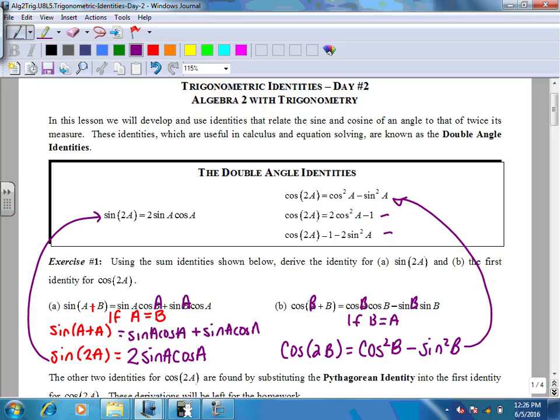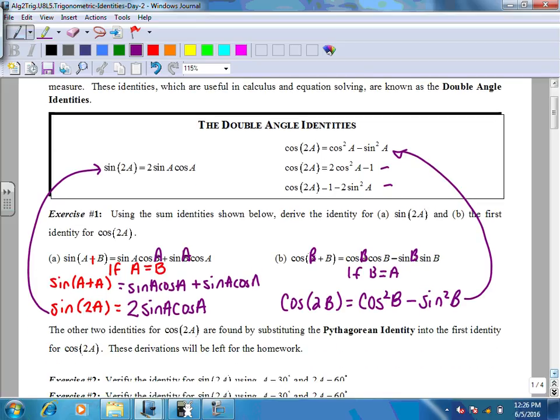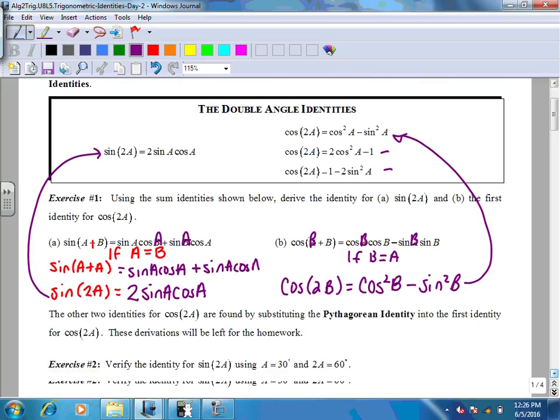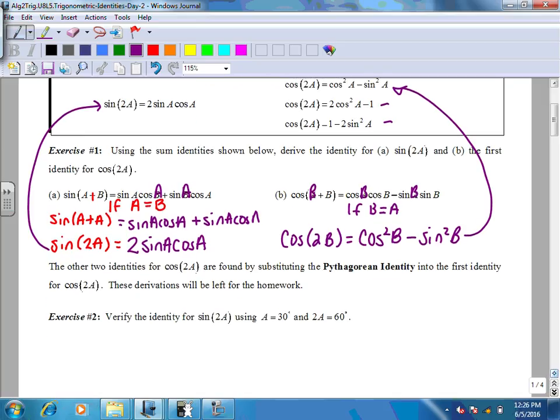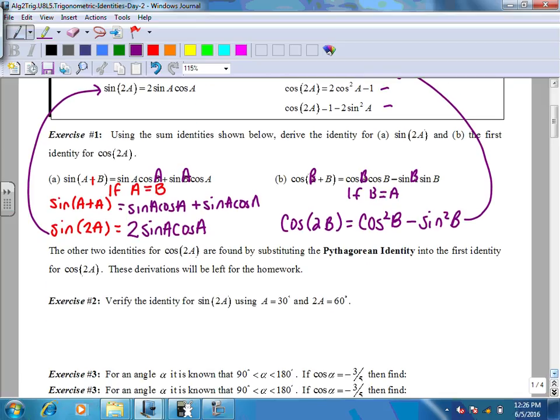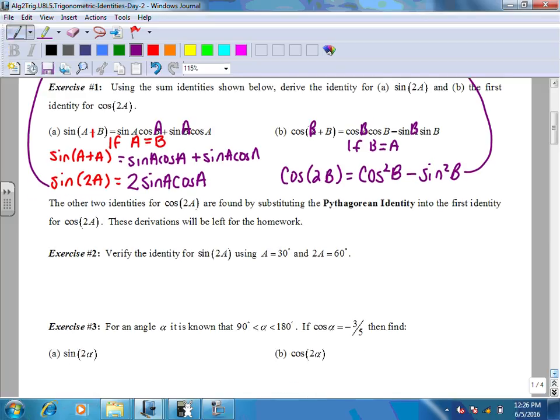Now the other two are found by doing some other substitution, but we're not going to get into that right now. Now in number 2, it says verify the identity for sine 2A by using A equals 30 and 2A equals 60. So we want to verify that sine of 2A, which is 2 sine A cosine A, is the same as sine of 2A.